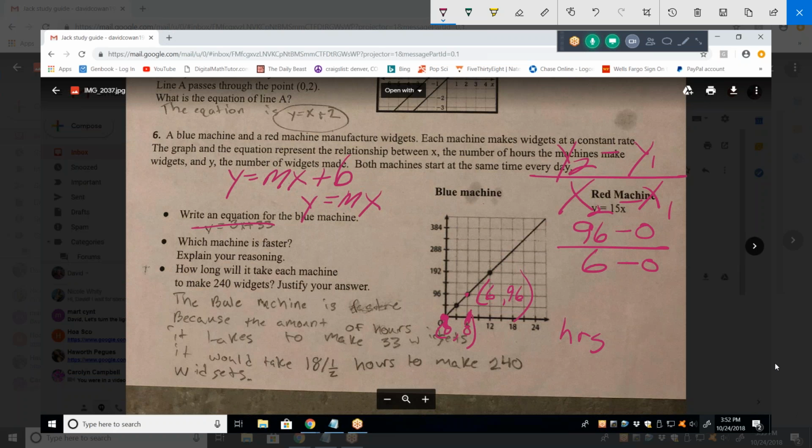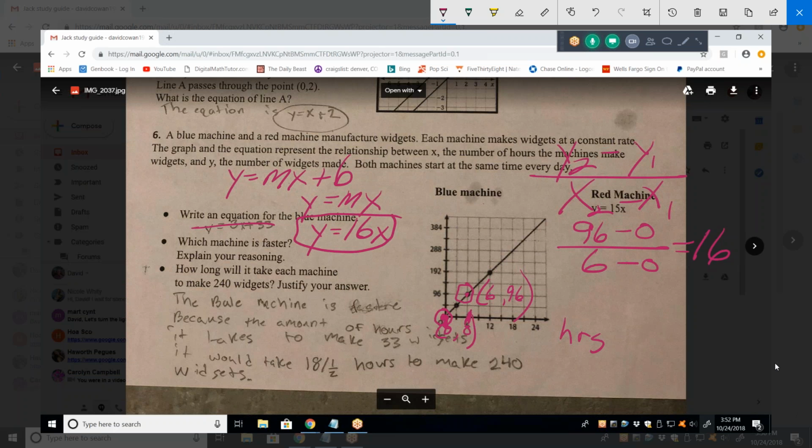I'm using that point and that point. I'm using the bottom one because that's 0, 0, so I don't have to do much math here. 96 minus 0 is 96. So it's 96 divided by 6. That's 16. So the equation of the blue machine is this. Understand?